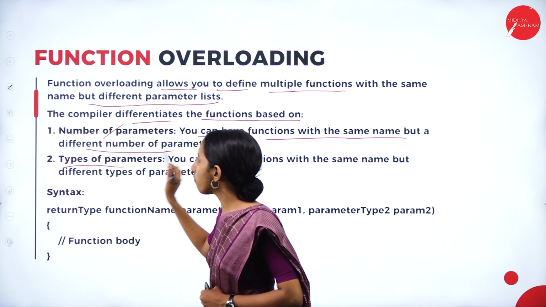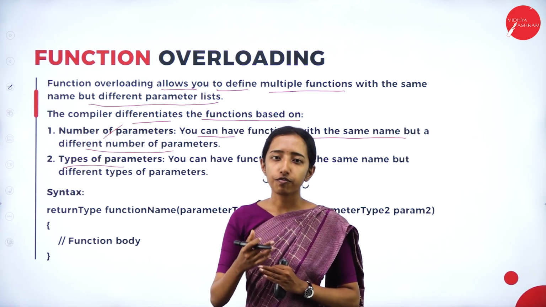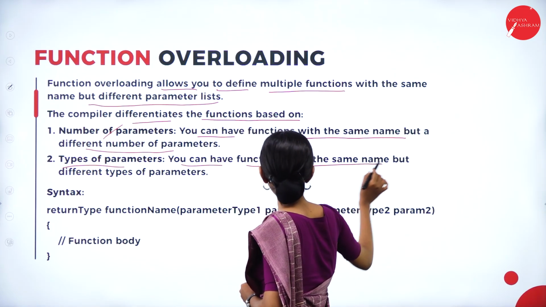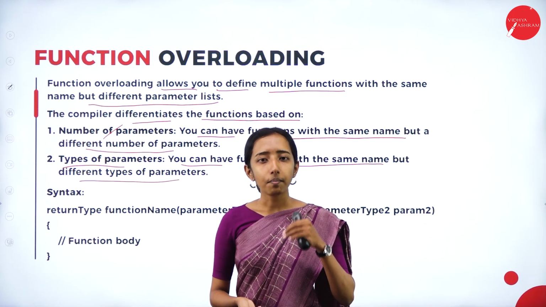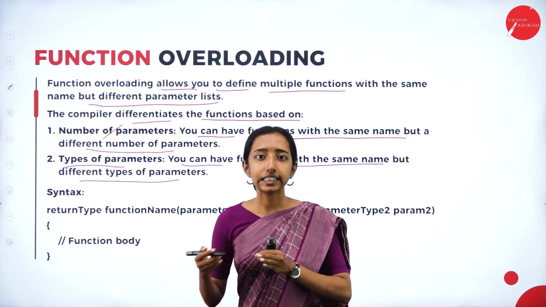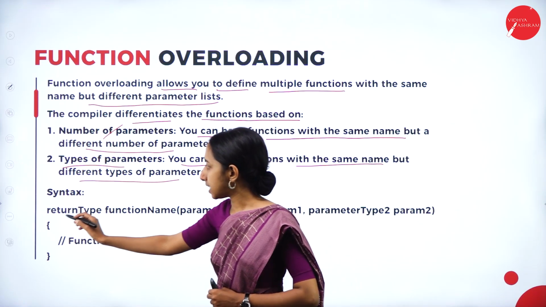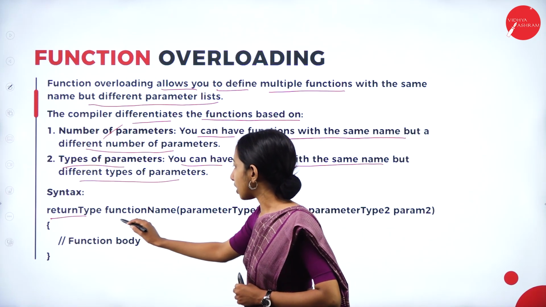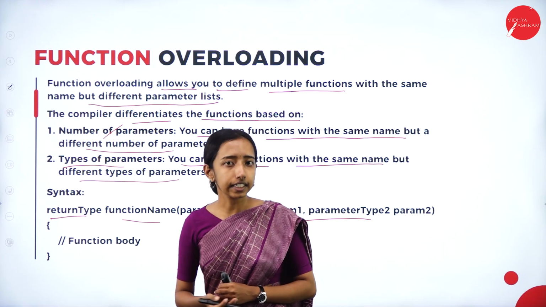Next, types of parameters: you can have functions with the same name but different types of parameters, like int, char, float, double, that may vary. So here is the syntax: the return type, that is int, float, double, the function name and the parameter types we are mentioning.